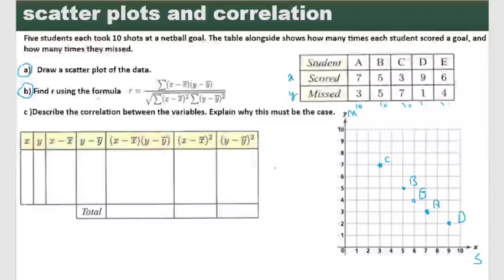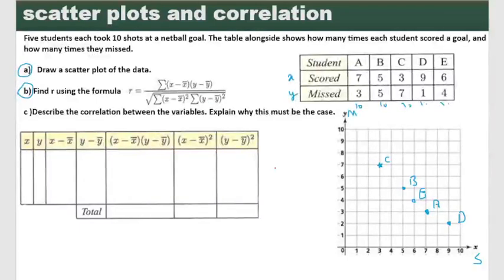We know R is the Pearson correlation coefficient, and the formula says R equals the sum of the product of the deviation of x and the deviation of y, over the square root of the sum of the squared deviations of x times the sum of the squared deviations of y. We square the deviations because we want to remove the negative sign.